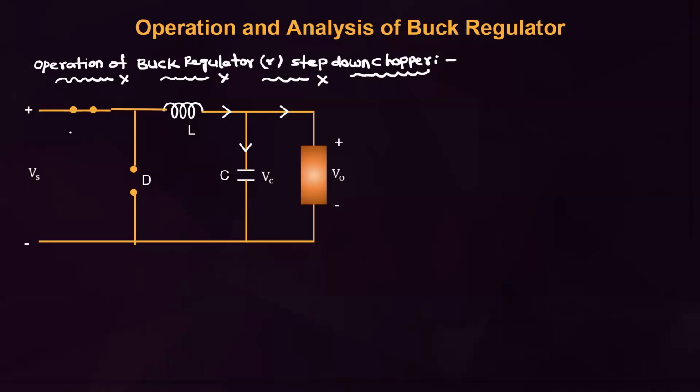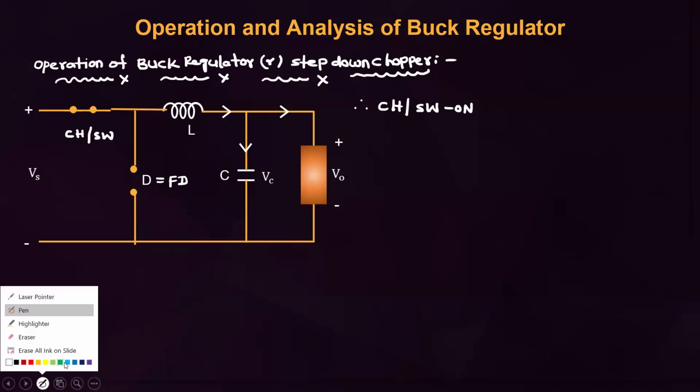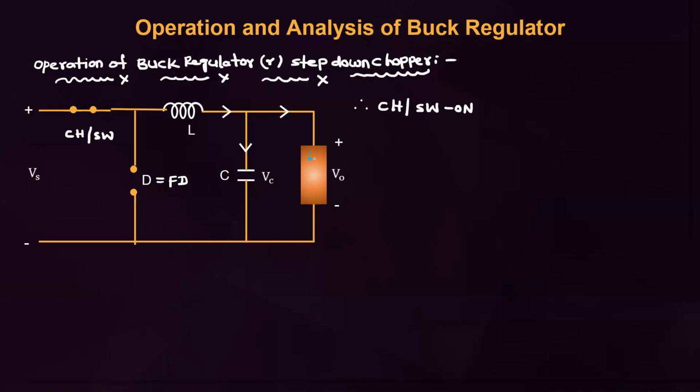This is a chopper or switch. Then this diode is the freewheeling diode, because this diode carries the current through the load. That's why it is called freewheeling diode.